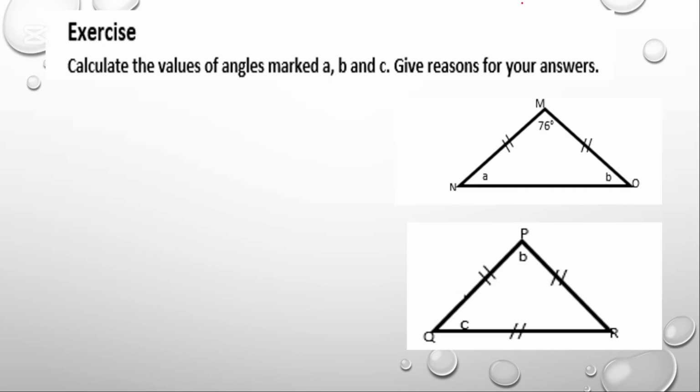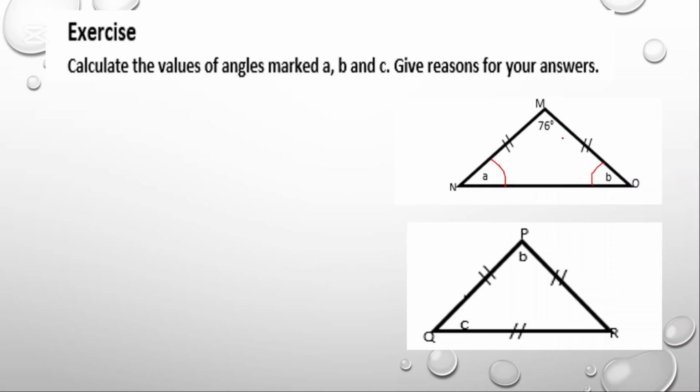We start by looking at this triangle and deciding, if these two sides are equal, which two angles are equal? Opposite this MN is B. Opposite MO is A. They are the equal angles, but they are not equal to 76 degrees.